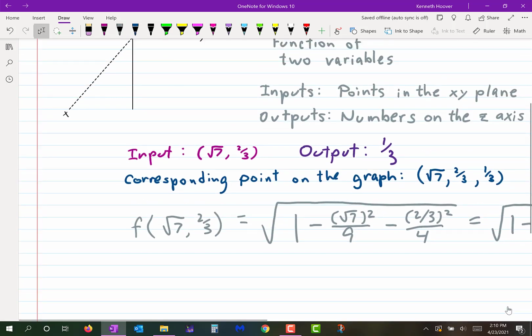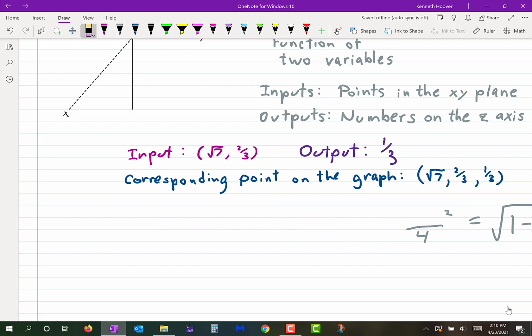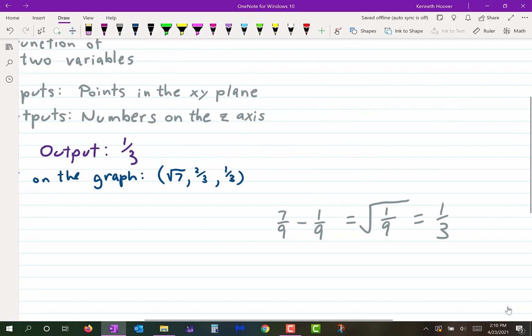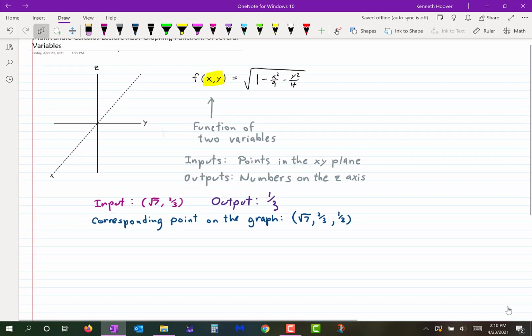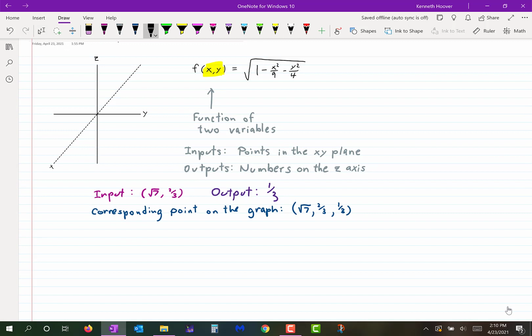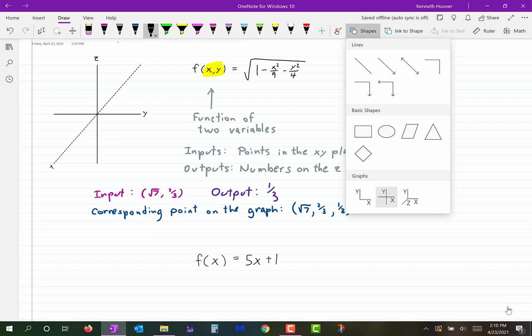Think back to calculus 1. Let's just compare this situation to the situations that we dealt with in Calc 1 and Calc 2 when you were graphing. Okay, let's suppose we had f of x equals 5x plus 1, let's say. And let me go ahead and put an xy axis here.